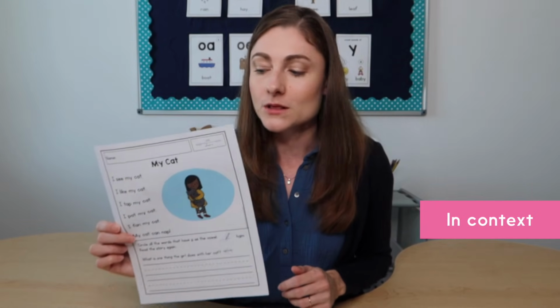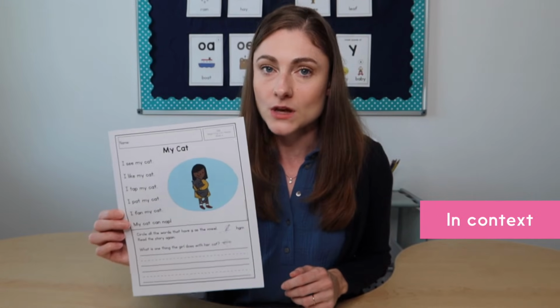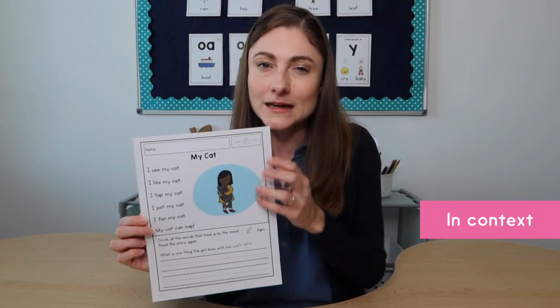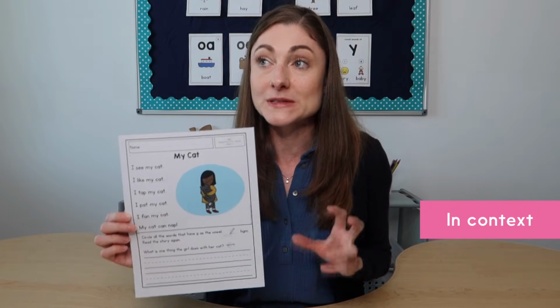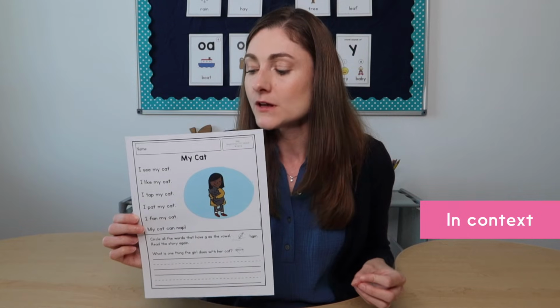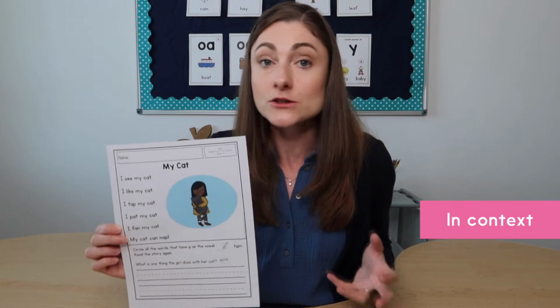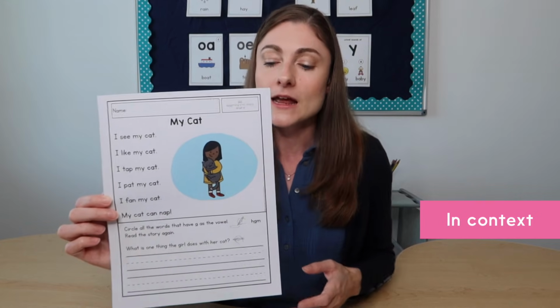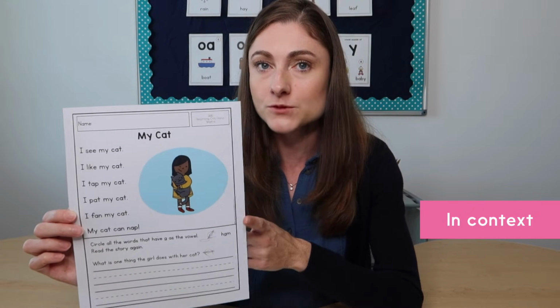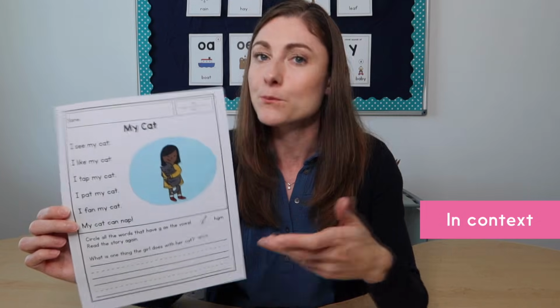I'll make sure to include a link with this video so you can get the decodable text. I have them very specifically for kids beginning to work with CVC words where there's not too many CVC words. And so this decodable text comes from that pack. And actually there's book formats too.